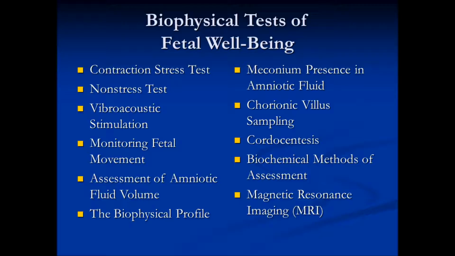Monitoring fetal movement is another way to test the well-being of the fetus. It's probably the easiest means of fetal assessment. It serves as an indirect measurement of the central nervous system integrity and function. Movement can be monitored as simply as having the mother note movement, or as complex as observation with ultrasound over an extended time period.